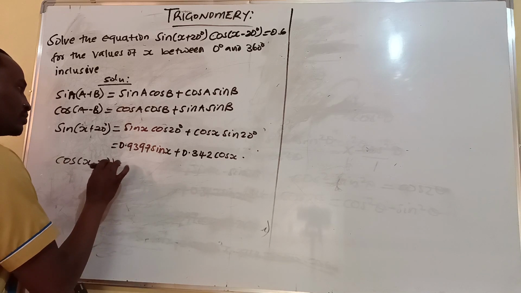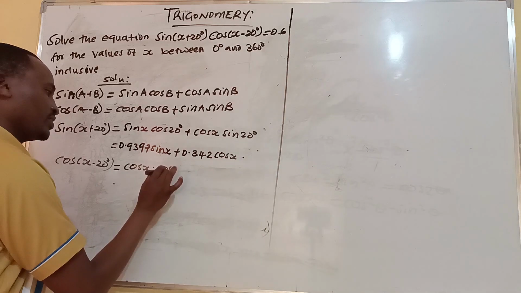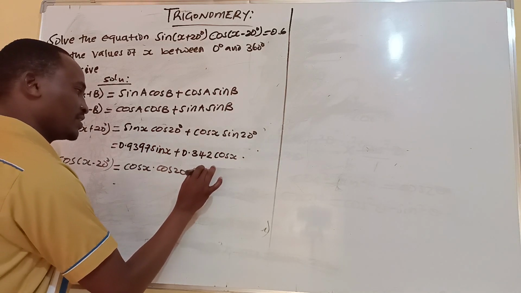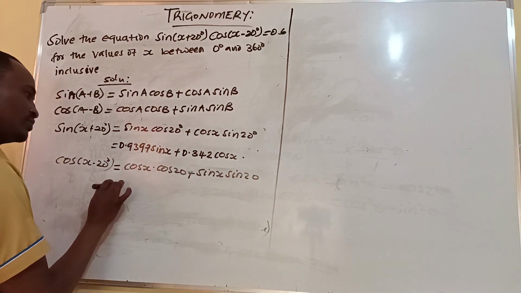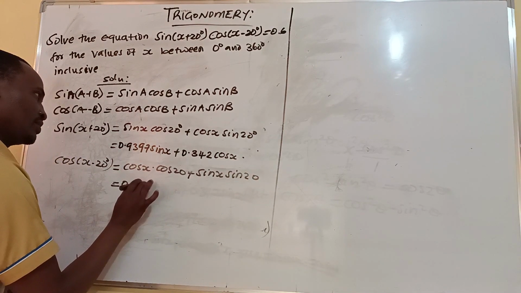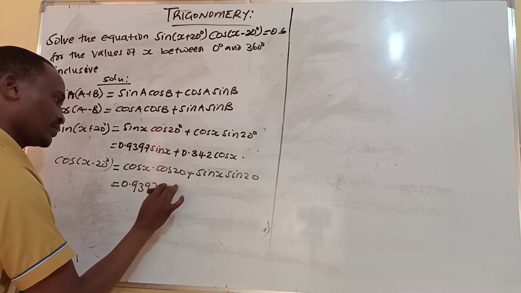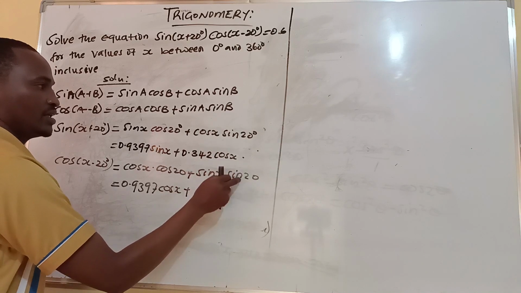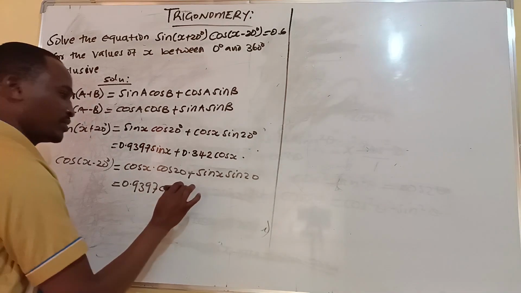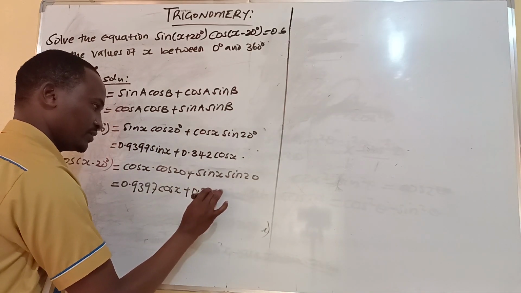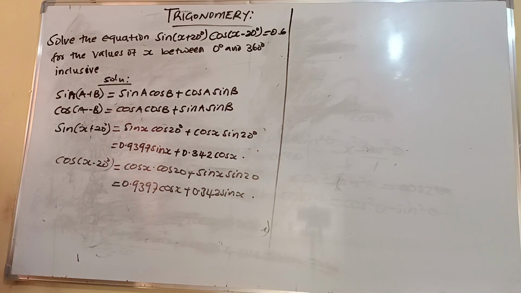Then we have cosine of (x - 20 degrees) is equal to cos x cos 20 plus sin x sin 20, which is equal to 0.9397 cos x plus 0.342 sin x. Now we can multiply the two.